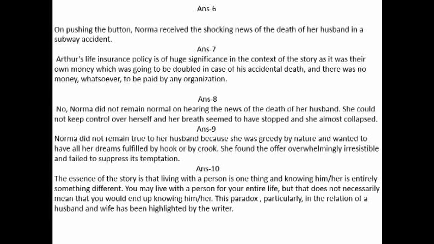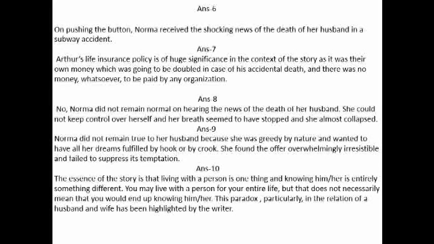The answer is, Norma did not remain true to her husband because she was greedy by nature and wanted to have all her dreams fulfilled by hook or by crook. She found the offer overwhelmingly irresistible and failed to suppress its temptation.